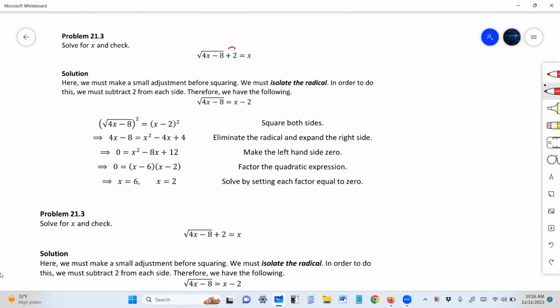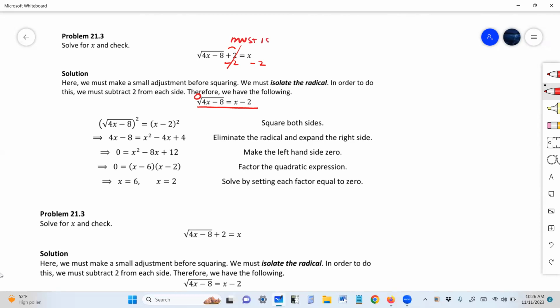So before we begin, we must isolate the radical, and we do that by subtracting 2 from both sides. These will cancel. I have x minus 2 on the right. Now, at this point, the radical is isolated. Now you can raise both sides of the equation to the index, which in this case is 2. You cannot do it before.